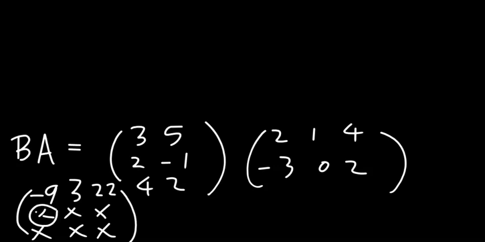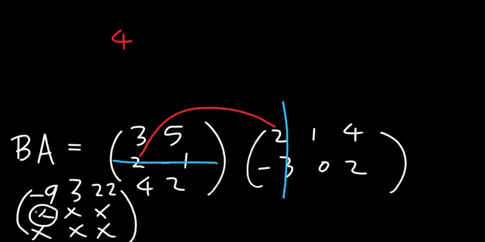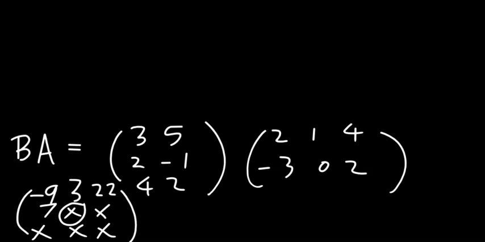It occupies the second row and the first column. So when you multiply those, 2 times 2, that is 4, plus minus 1 times minus 3, that is 3. So the answer is 7. So that element right there is 7. Next, that element, it occupies the second row and the second column.